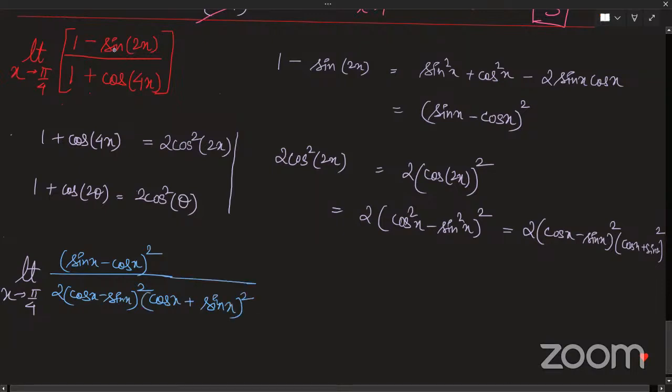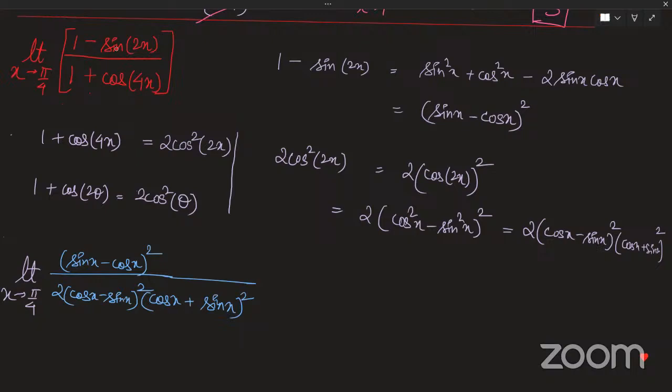Can we cancel out this thing? Sine x minus cos x whole square and cos x minus sine x whole square. Can we cancel this out? No. Why? The signs are different, but there is a square, na.